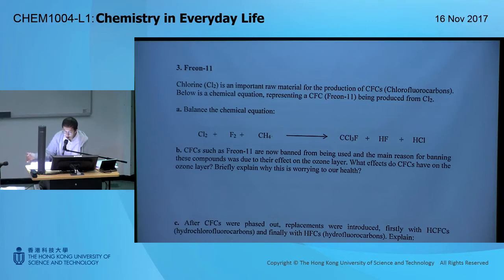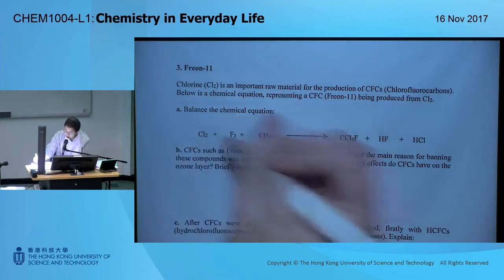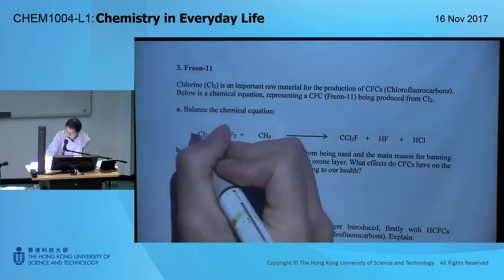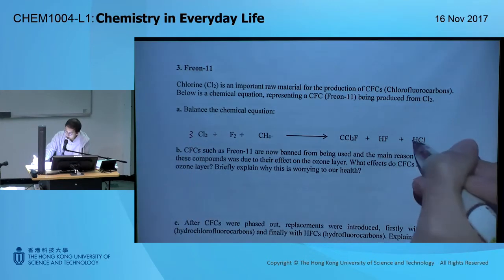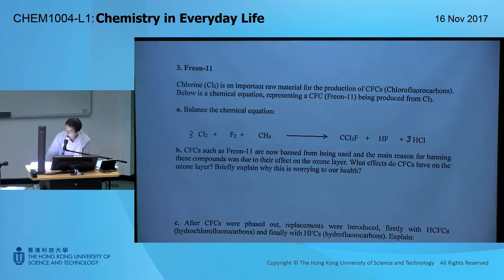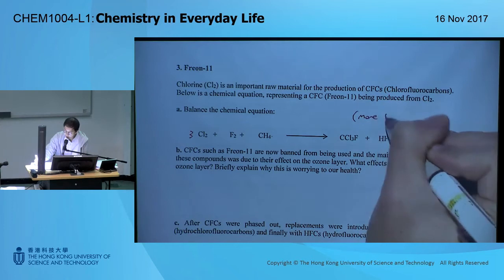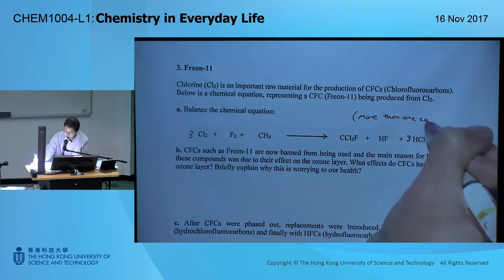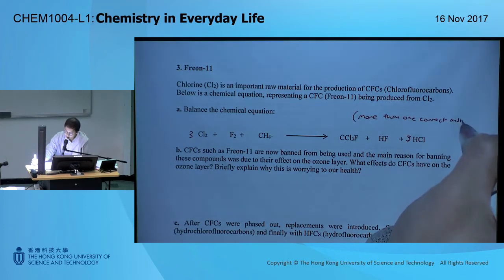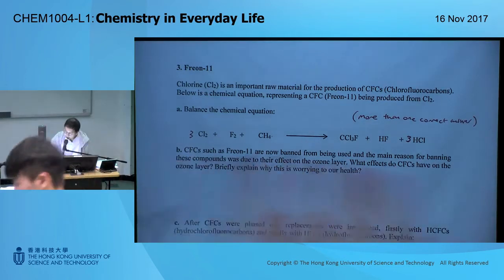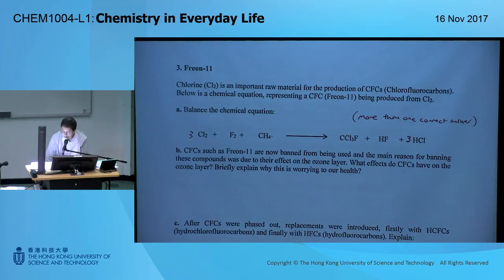Okay, I'll just give you one of the possible answers. Because there are 3 chlorines there, you have 3 of these Cl2, and that will lead to HF plus 3 HCl. And there is more than one way to do this. So check yourselves that the number of atoms balance on both sides, and you are fine.